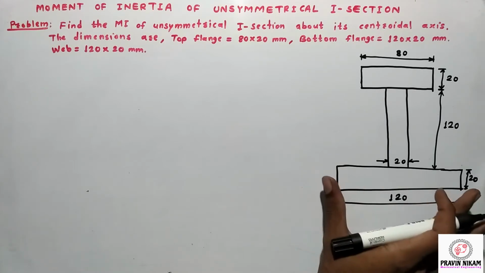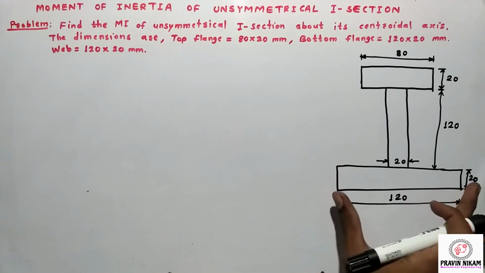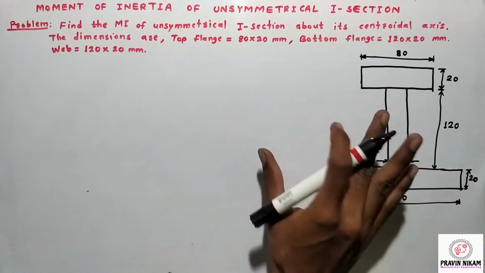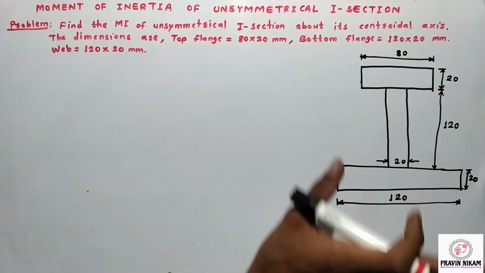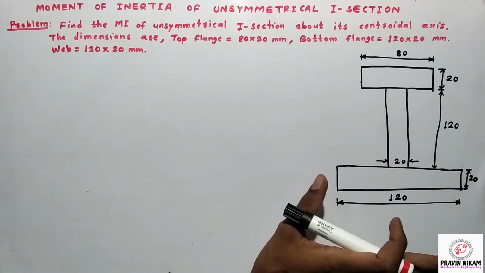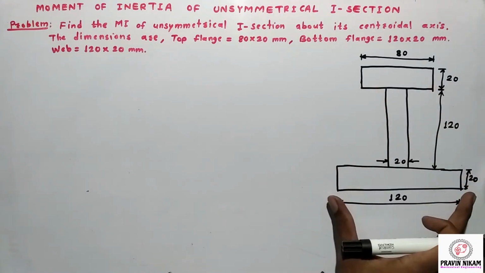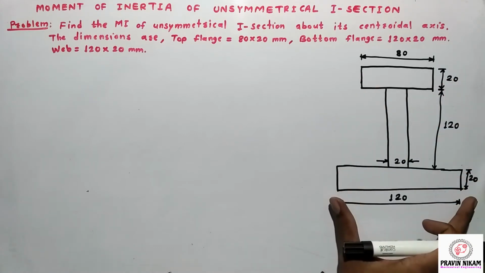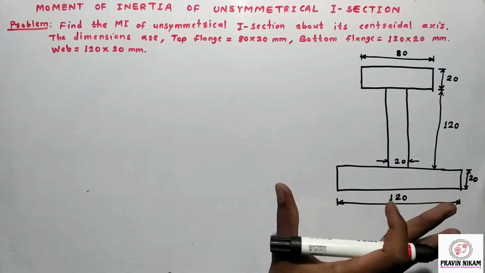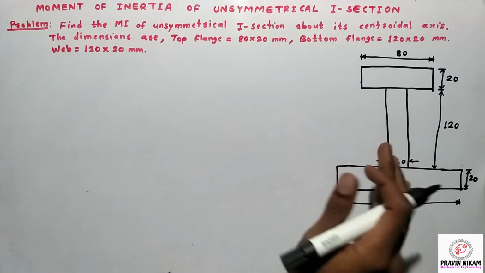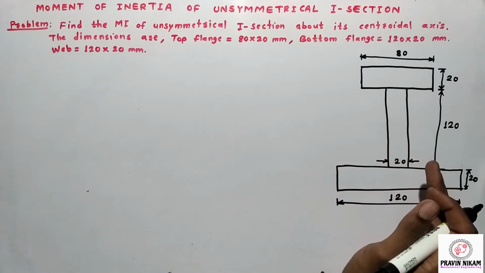Why is this an unsymmetrical I section? Because in a symmetrical I section both the flanges have the same dimensions, but in this case the top flange and bottom flange have different dimensions. Therefore this is the unsymmetrical I section.